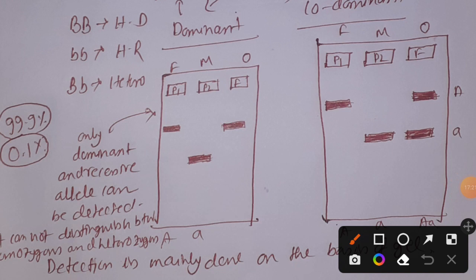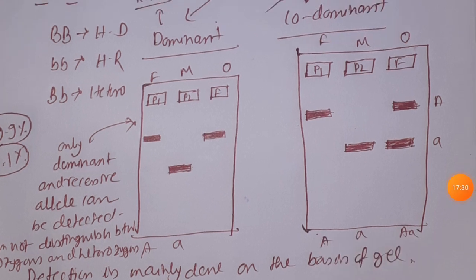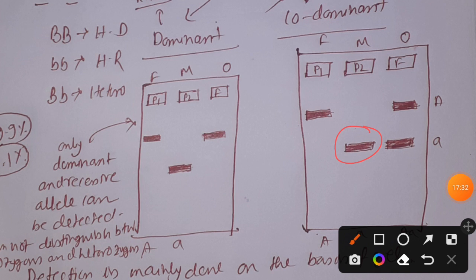Under such circumstances, another type of marker technique was developed, that is the codominant marker. In a codominant marker you will get two bands that will give you a clear indication that this offspring has this father as a biological parent and also this mother as a biological parent.